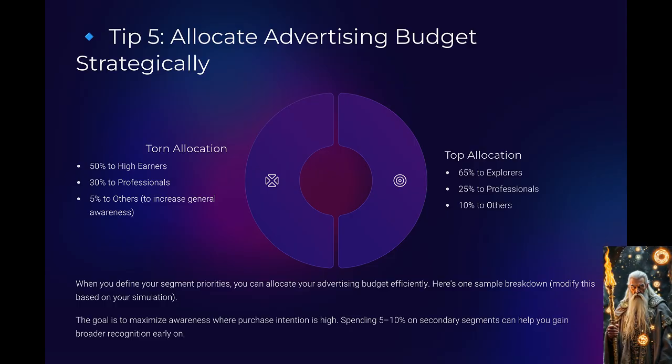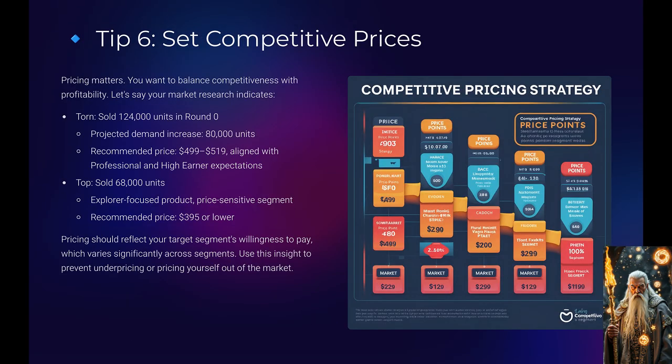Small Blue Diamond Tip 6. Set competitive prices. Pricing matters. You want to balance competitiveness with profitability. Let's say your market research indicates Torn sold 124,000 units in round 0. Projected demand increase: 80,000 units. Recommended price: $499 to $519, aligned with professional and high earner expectations.